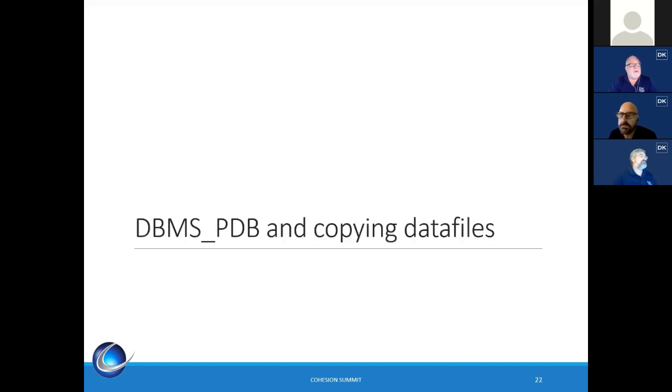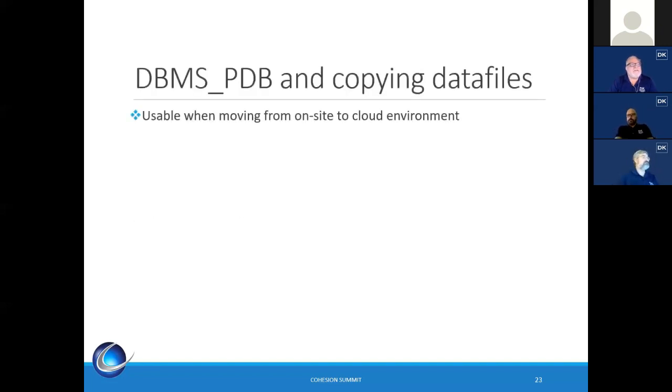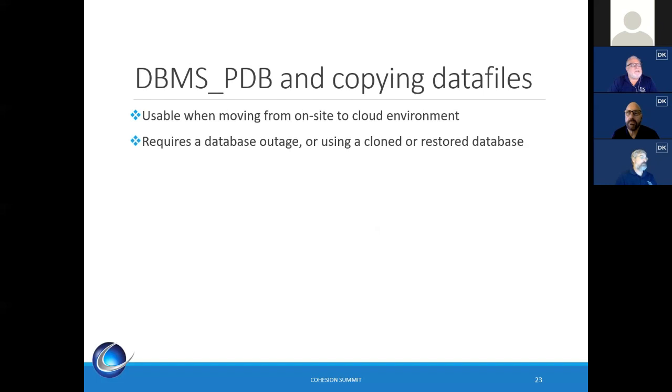Okay. The second method that I used was DBMS_PDB and copying data files. This is usable when moving from an on-site to cloud environment because you just copy your data files and you're copying your XML file up to the cloud. And then once that's done, you could check some of them at each end in order to make sure that they're good, and then you can import them.